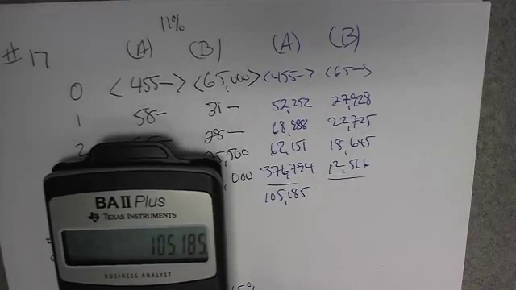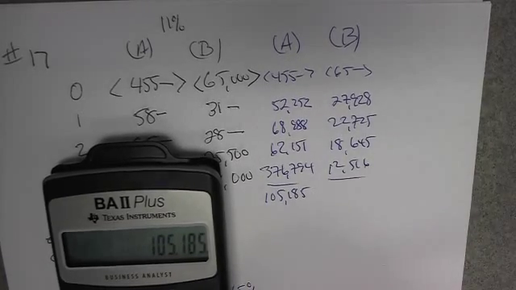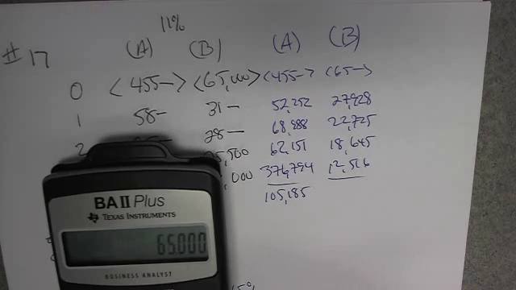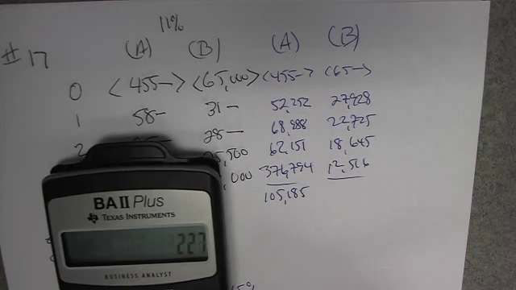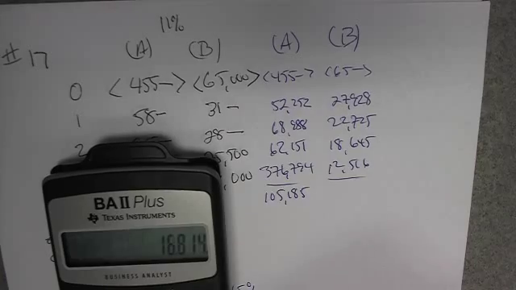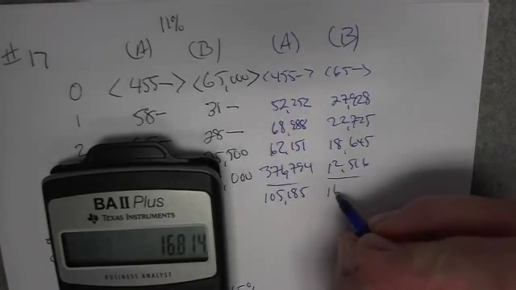Okay, and on the B, we have 65,000, that's a negative. And then we add in 27,928, and we add 22,725. We add in 18,645. We add in 12,516. We're getting 16,814.